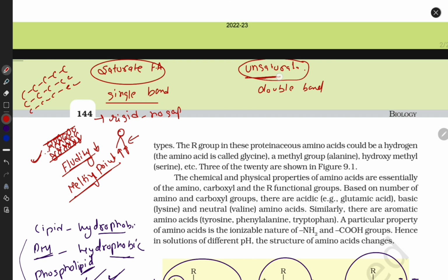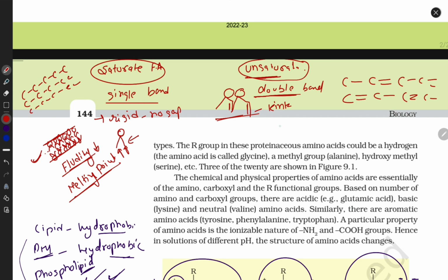Now let's talk about unsaturated acid. They have double bonds, so somewhere the bond is strong and somewhere weak. They produce a kink because they have a double bond, so their bonding and strength are less. Fluidity is high, meaning anyone can pass through; they are loosely arranged because a kink is present.